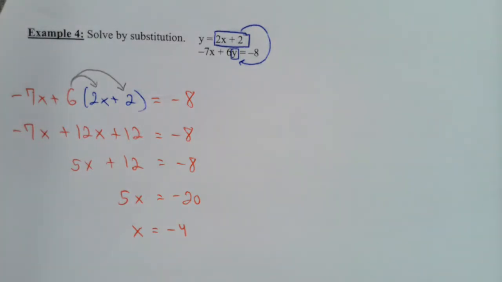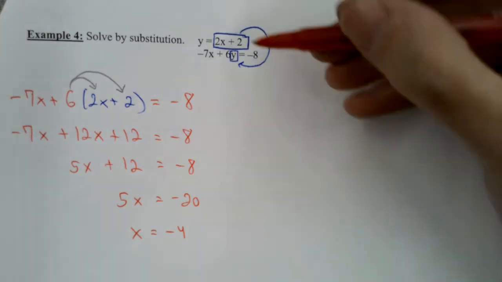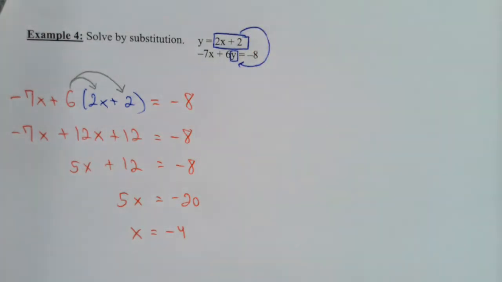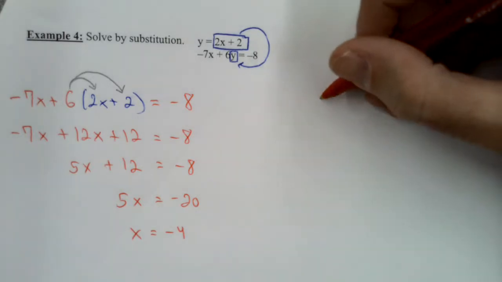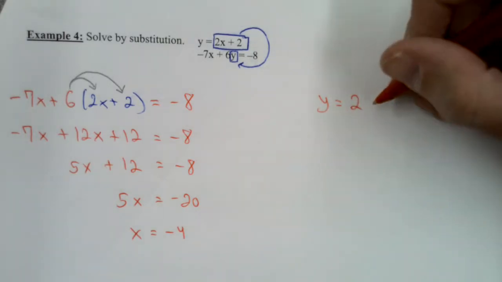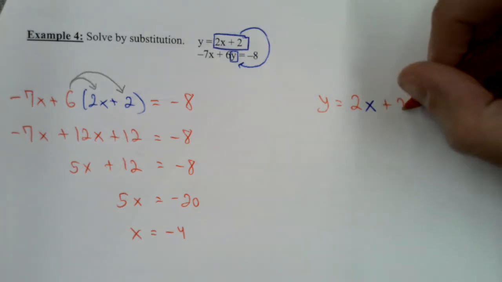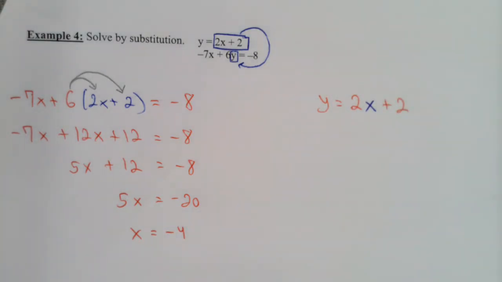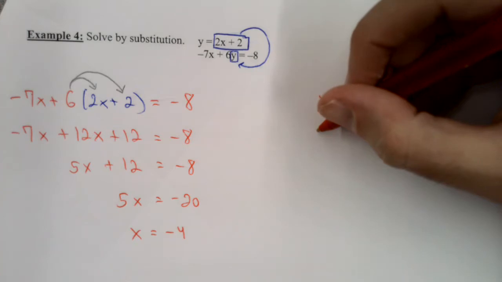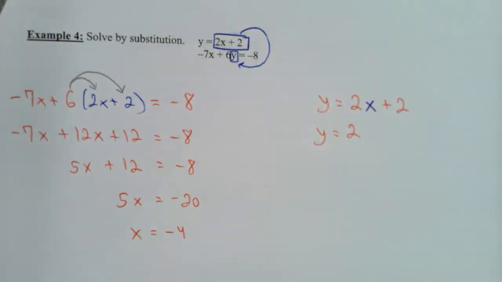Now that's great, but now you have to actually solve for y as well. So go back into either equation that you want. Try to pick the easiest one. The top one is easier. y equals 2x plus 2. And you're going to substitute in for x because you already know that x equals negative 4.